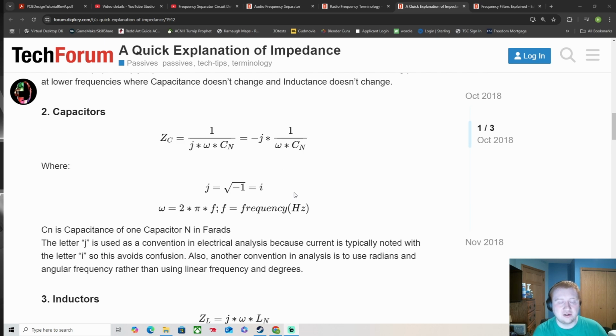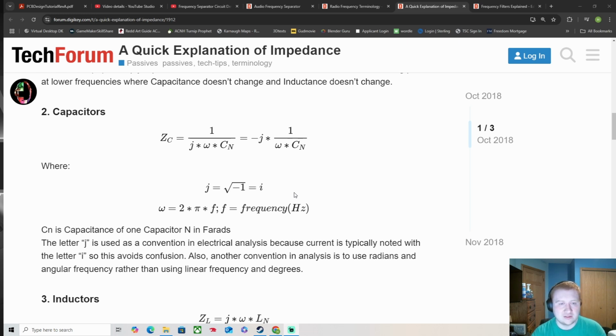So for capacitors, the impedance of a capacitor is equal to 1 over j, where j is the square root of -1. We don't use i in electronics because i also means current, so j is just the format that people went with.